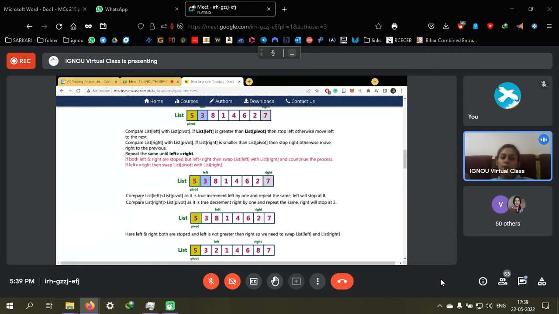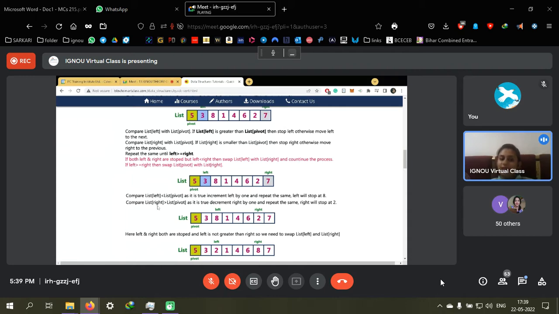So we have to compare. If list left is less than list pivot, as it is true, increase left by 1 and repeat the same. So left stops here because here left is not less than pivot.